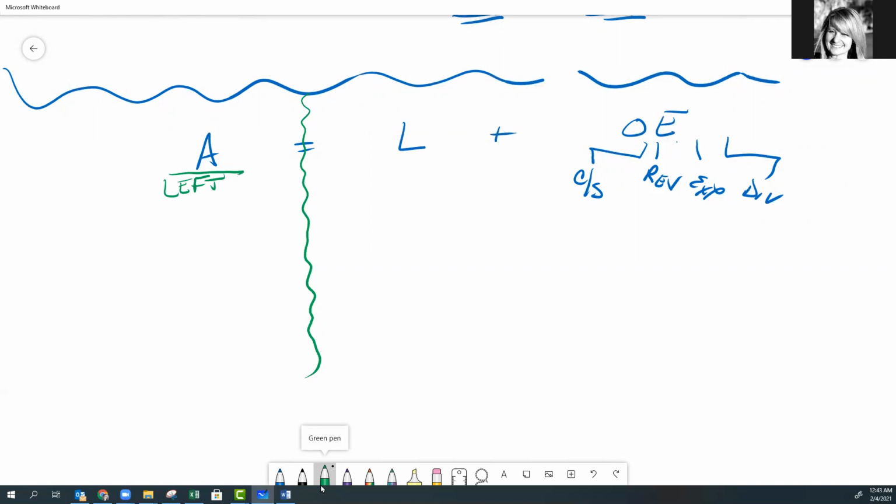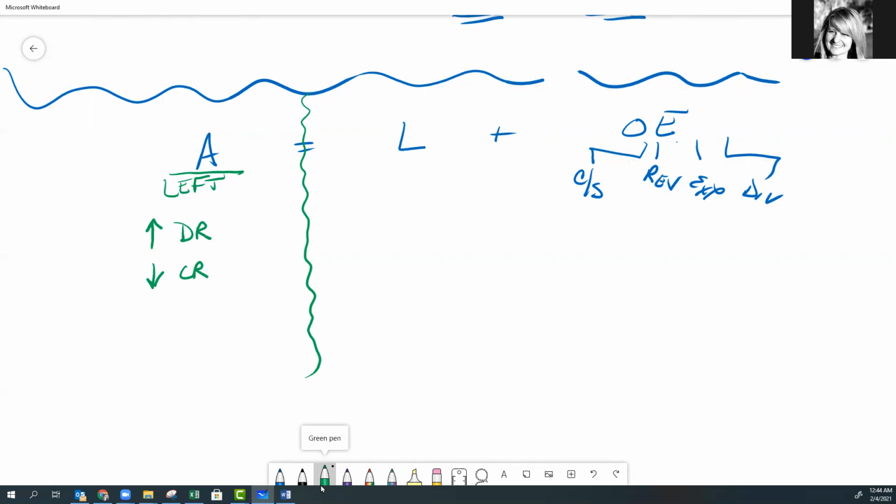Anything that falls on the left side of the accounting equation goes up with the thing that's always on the left, which we know is a debit. So all assets will go up with a debit, and therefore they will go down with a credit.